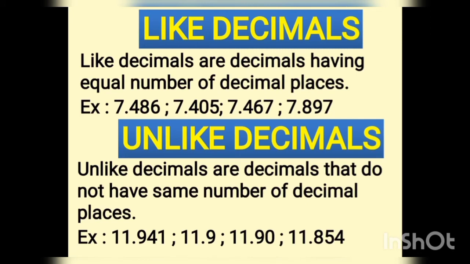Now next is like decimals. Like decimals are decimals having the equal number of decimal places. Now look at here. After the decimal point, there are all equal numbers of digits. Now 7.486, 7.405, 7.467, 7.897 means the decimals having equal number of decimal places.